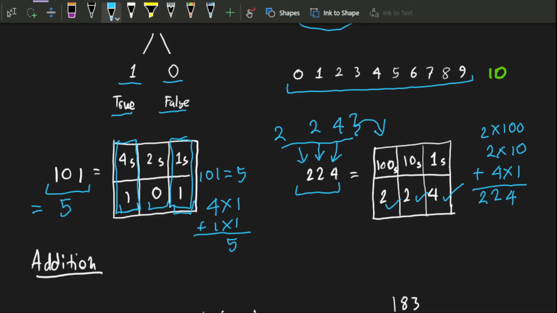You might be asking, what if there were more digits? Like instead of these 3 here, what if there were an addition of 1? Suppose similarly, if we add another digit here, we would have to add 3 in this box, and also we need to increase the tens by 1000.